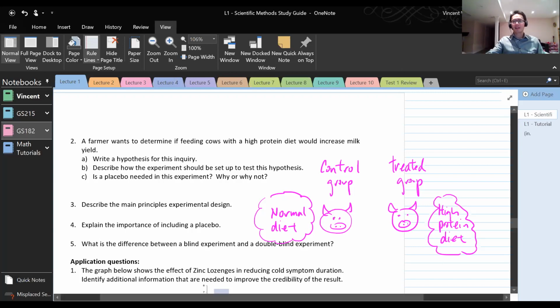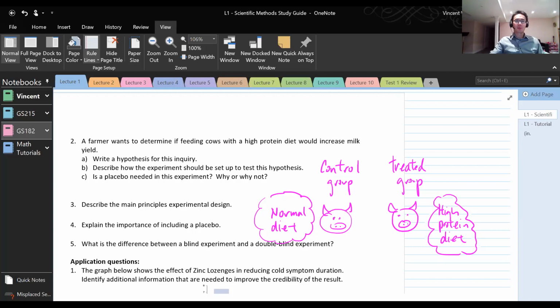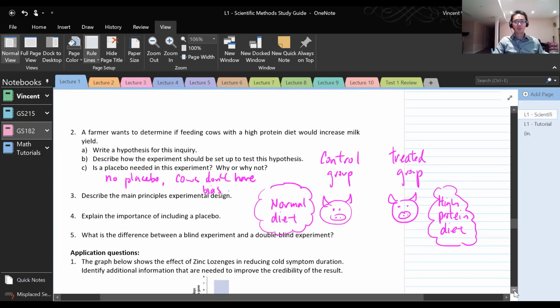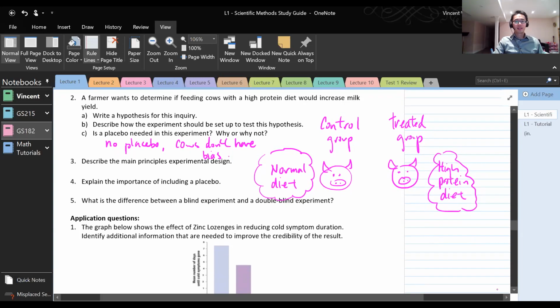The animals don't care if you give them a high protein or low protein. They're not going to be like, I'm going to hold out on my milk, okay, just to throw off your experiment, right? So for that reason, we do not need the placebo. No placebo. Okay, because cows don't have bias. Okay, they don't know. They're just animals. Very good.